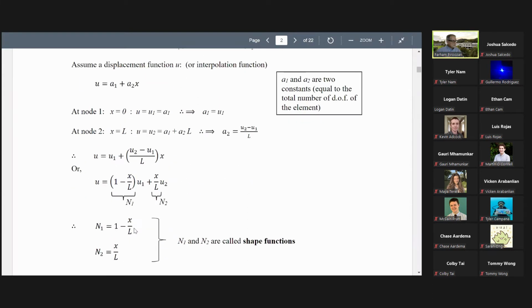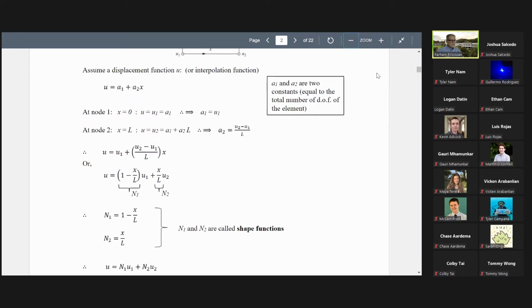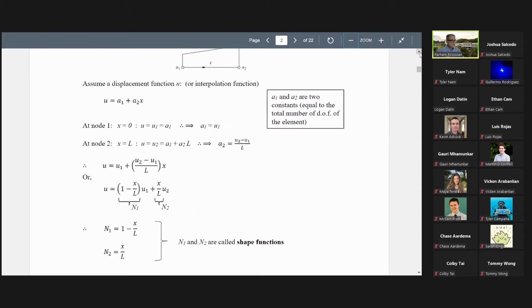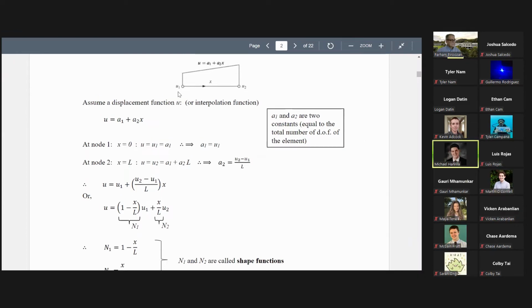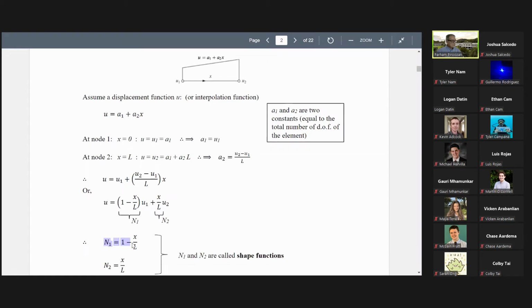Let me zoom out a little bit so you can see also the figure. I want to ask you a couple of questions. So are you ready? Tell me. Look at this, N1 is equal to this.